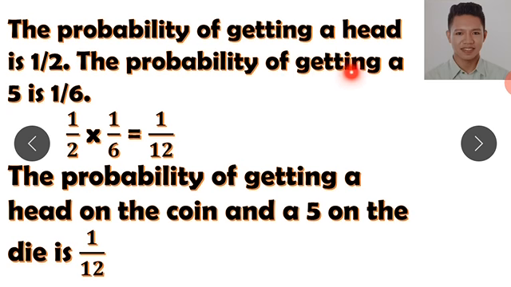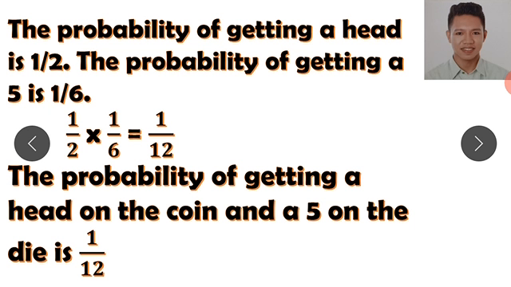Next, the probability of getting a 5 is 1/6. Why 1/6? Because there is only one 5 on a die, and there are 6 possible outcomes, which are 1, 2, 3, 4, 5, 6. That's why the probability of getting a 5 is 1/6.